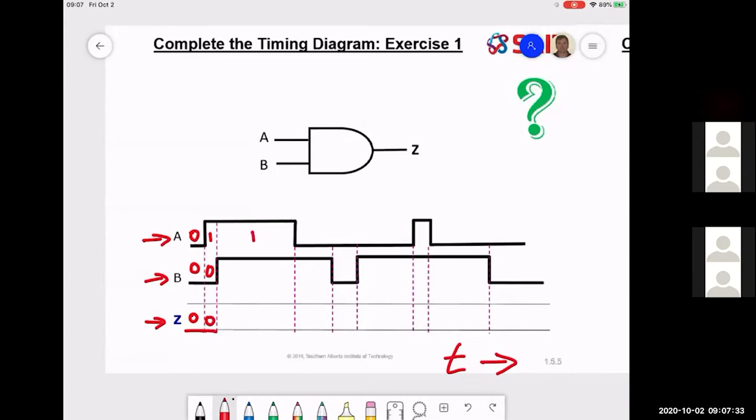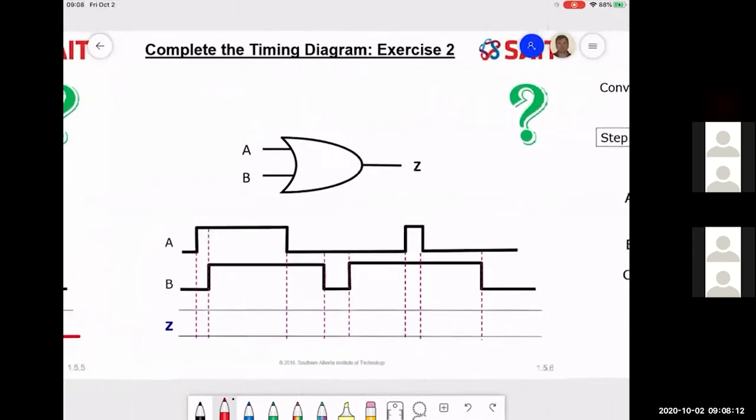A is now still a 1, B is now a 1. 1 and 1 gives me a 1 through to the next transition line, etc., etc. So I can keep drawing my output through successive transition lines to create my output for my timing diagram. And now it's complete. I broke it down into small steps and created a timing diagram.